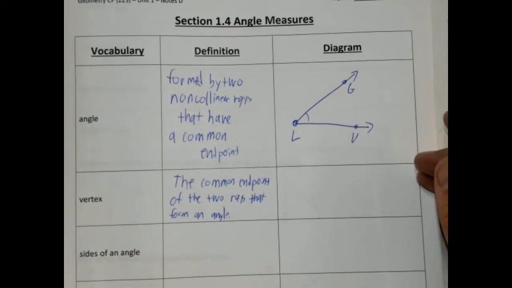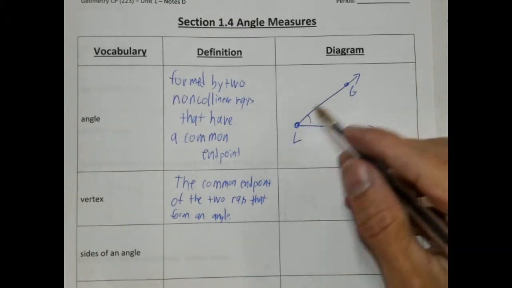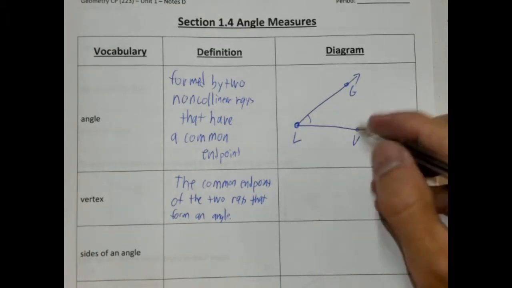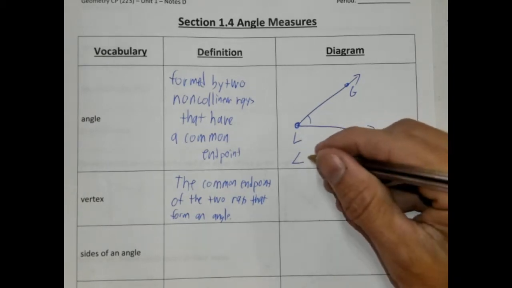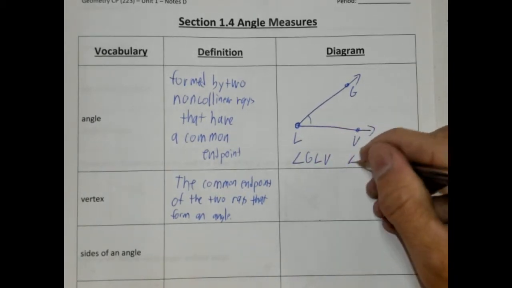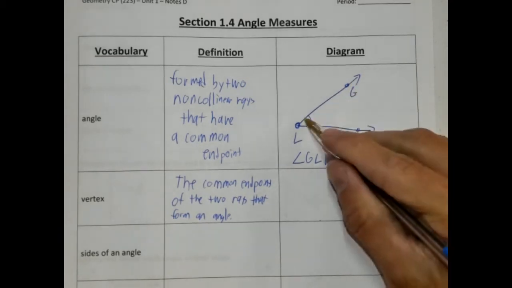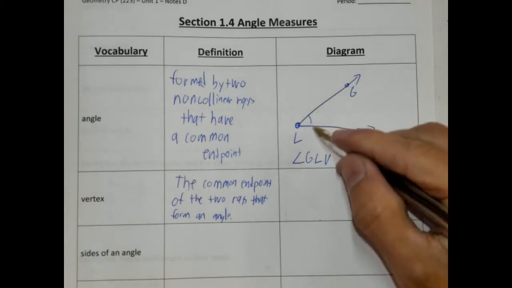Okay, so let's look at this. Up here, for example, that would be the vertex of this angle, which we would actually call angle GLV, okay? Or you could call it angle VLG. So GLV forms that angle, or VLG forms that angle.